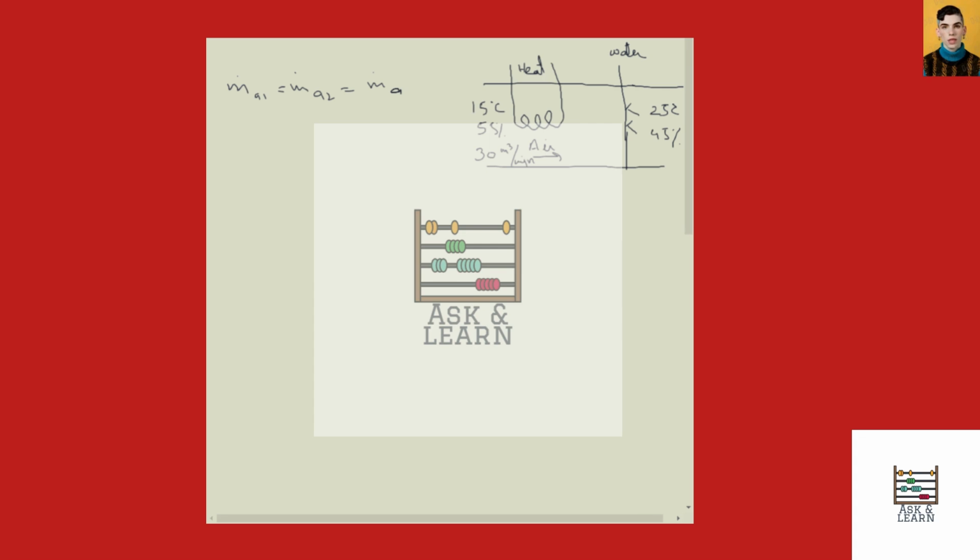So, assuming the wet bulb temperature of air remains constant during the evaporative cooling process, the properties of air at various states are determined from the psychometric charts, according to which T1 is equal to 15 degrees centigrade and relative humidity at the entry point is equal to 55%.